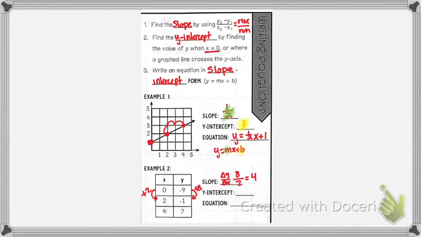Okay? Our y-intercept here, there's no line, but we can find the y-intercept by finding the value of y when x is 0. So here when x is 0, y is -9. That means that, like on a graph, here at -9, it's crossing there, right?